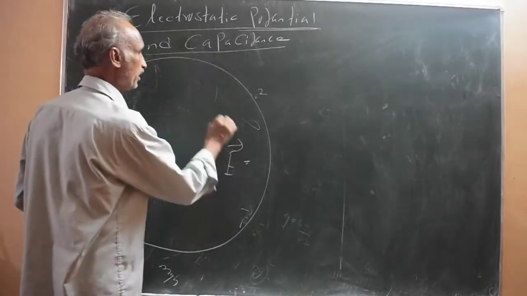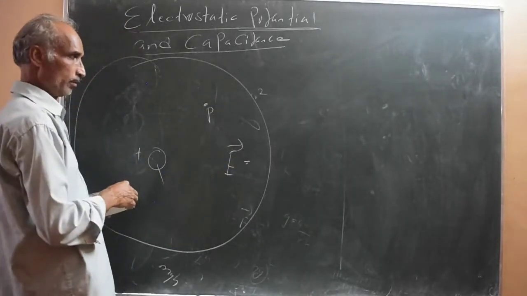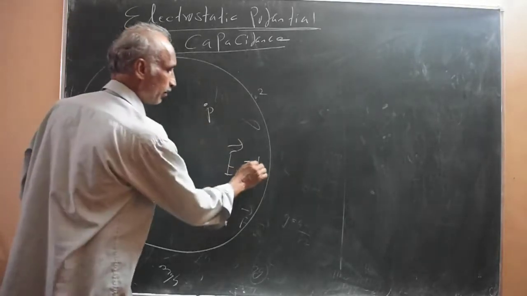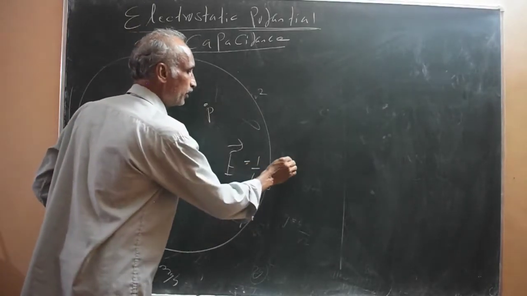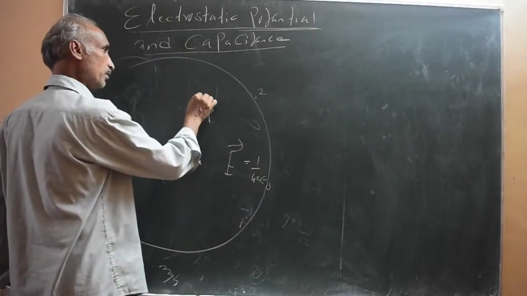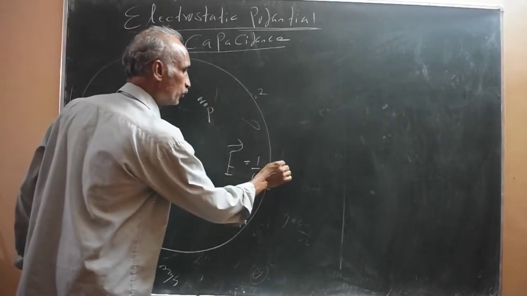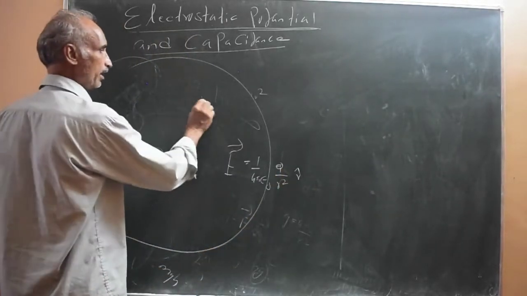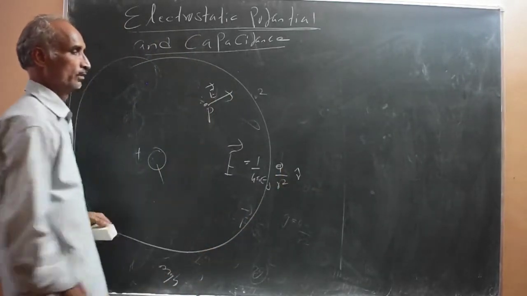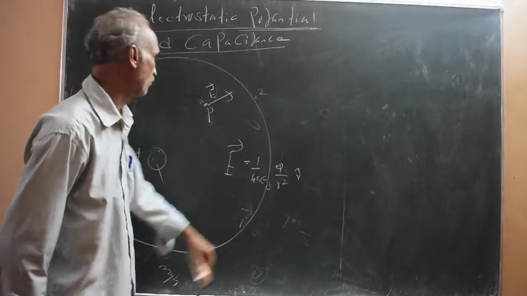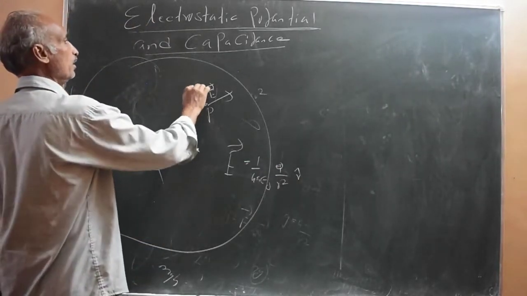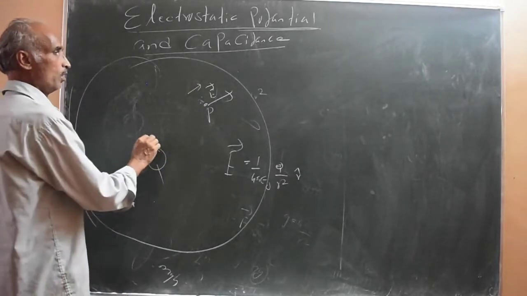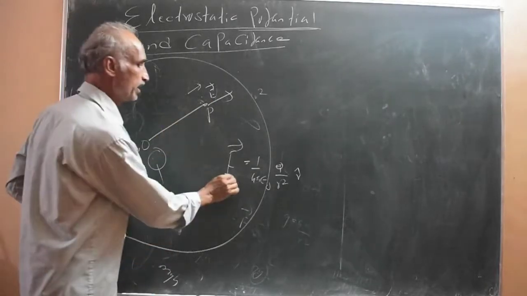The electric field at a point P is given by E bar equals 1 upon 4 pi epsilon naught, q upon r square, into r cap, where r cap is a unit vector directed from the charge placed at O to P.